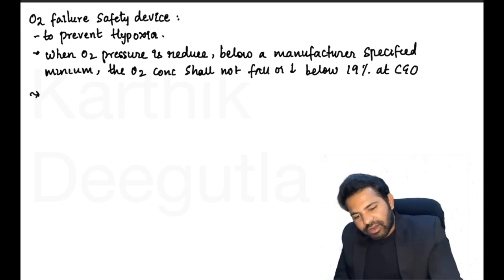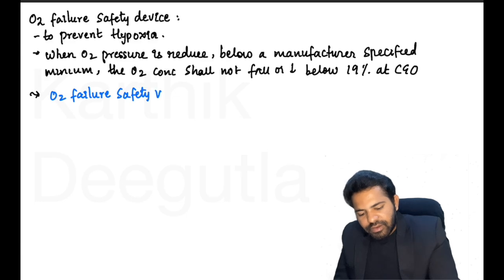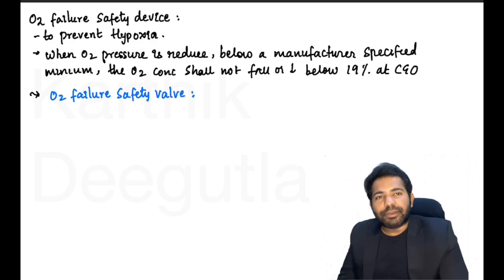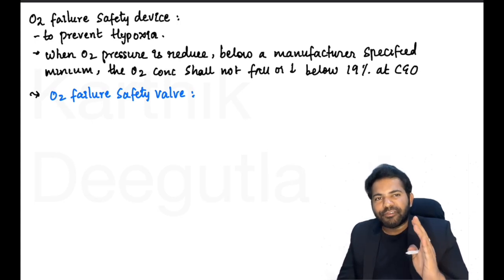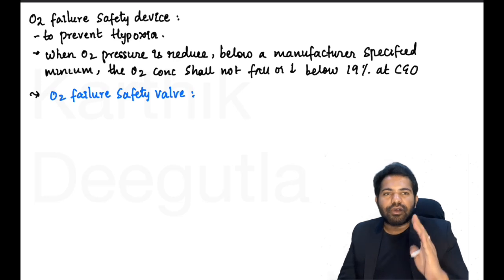Then we have something called oxygen failure safety valve. What does this oxygen failure safety valve do? It interrupts the supply of nitrous oxide if there is a supply failure or decrease in the pressure of oxygen.